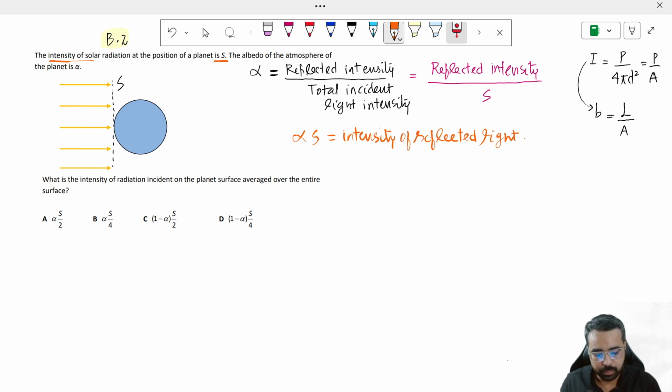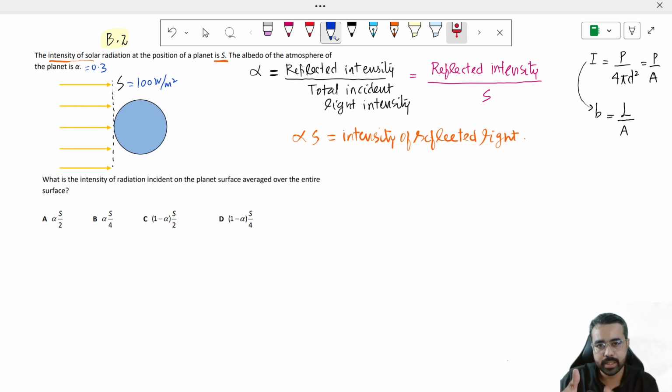Let us understand with an example. If I say the intensity is 100 watt per meter square, and albedo is, let's say, 0.3, it means that 30% of this light, which is 30, will reflect. So what is remaining? That is 70.